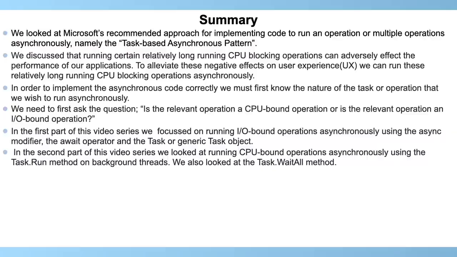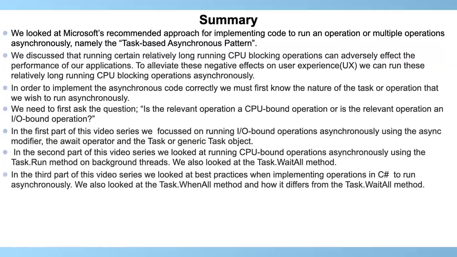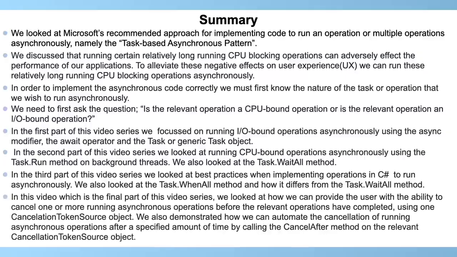In the third part of this video series, we looked at best practices when implementing operations in C# to run asynchronously. We also looked at the Task.WhenAll method and how it differs from the Task.WaitAll method. In this video, which is the final part of this video series, we looked at how we can provide the user with the ability to cancel one or more running asynchronous operations before the relevant operations have completed using one cancellation token source object.